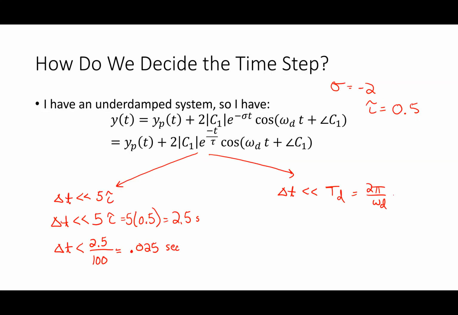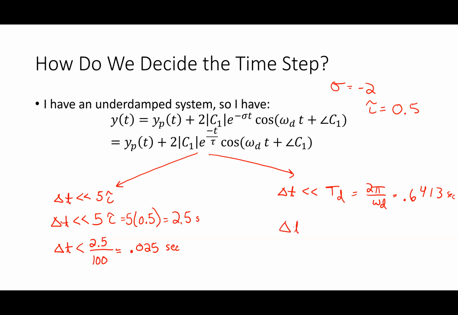All right. So let me do this on my calculator real quick, since I didn't bring it with me. So 2 times pi over 9.798. Is that what I had? One period of this is apparently 0.6413 seconds.